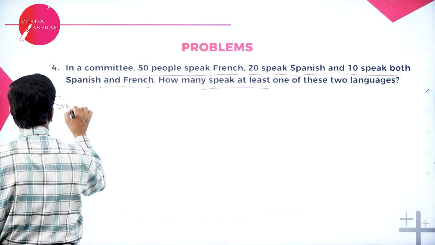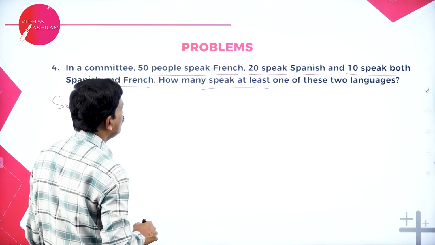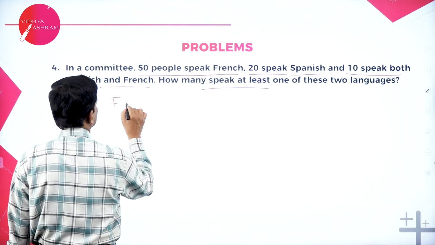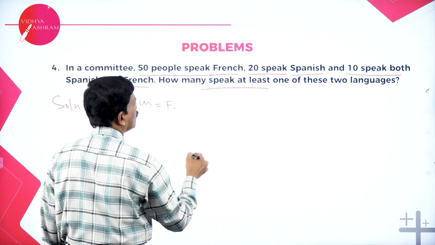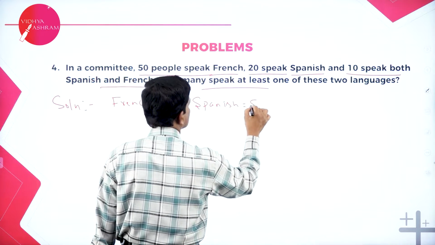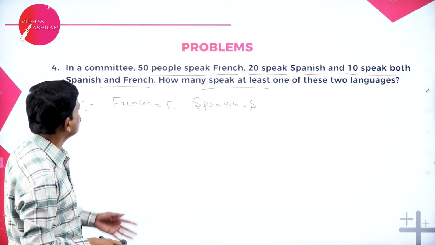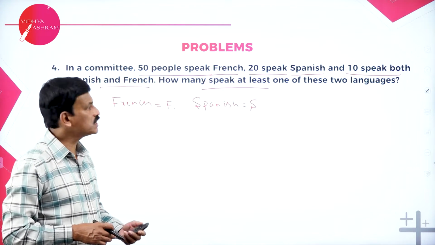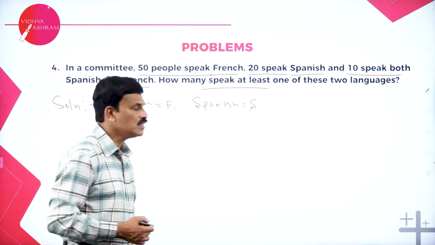Let us represent the people who speak French as F and Spanish as S, or you can represent it as A and B. The number of people who speak French is A and the number who speak Spanish is B, otherwise F and S.